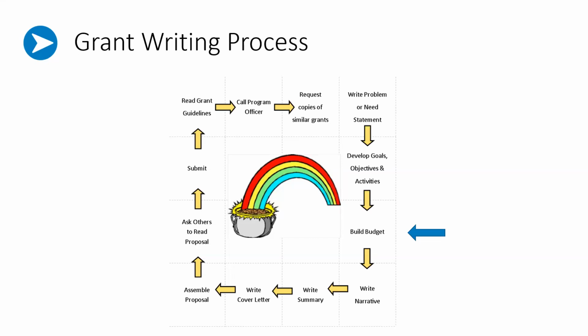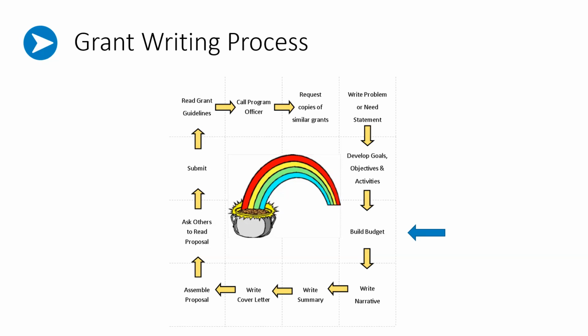Then you can put the proposal together, and I would encourage you to ask somebody else to read it, because having a third party, especially if it's someone not in your same field of work, review the grant, they can often explain to you things that maybe you thought were clear, but they weren't so clear to the reader, or terms that you may have assumed people would understand and they don't.